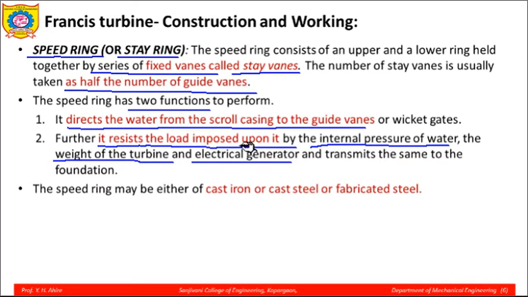All this load imposed by the internal water pressure, the turbine weight, and the electrical generator weight is transmitted to the foundation. So that is the important function of the stay ring. The stay ring again can be made of cast iron, cast steel or fabricated steel.